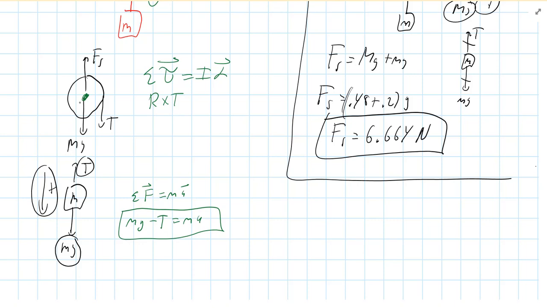The only thing that makes that pulley spin is the tension from that string, and this is going to equal I, which I've given you. And by the way, remind me, I'll explain how I know the moment of inertia of the wheel in a little bit. And then alpha.